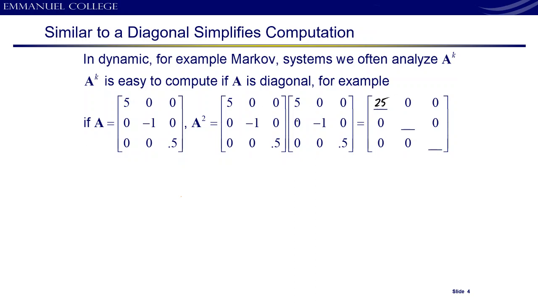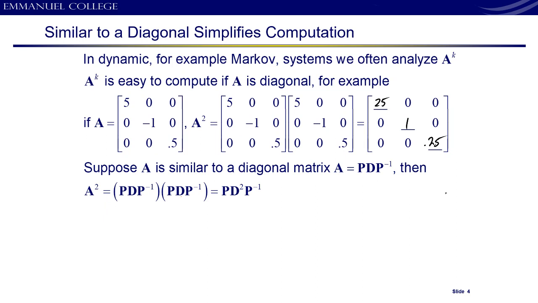The rest are 0 times 0. Row 1 times column 2, that's all zeros. Row 1 times column 3, all zeros. Row 2 times column 1, all zeros. Negative 1 times negative 1 is positive 1, and you kind of get the idea. This would be 0.25.